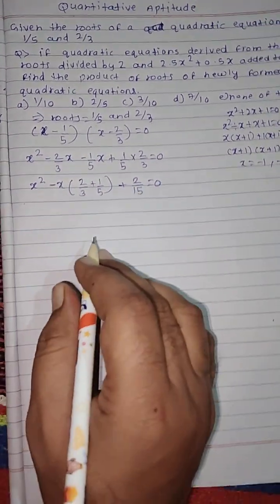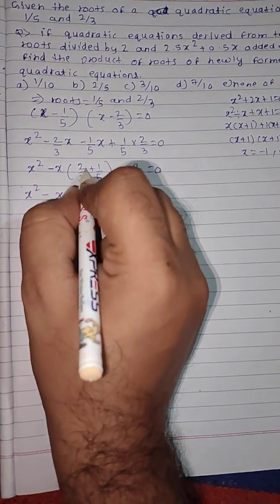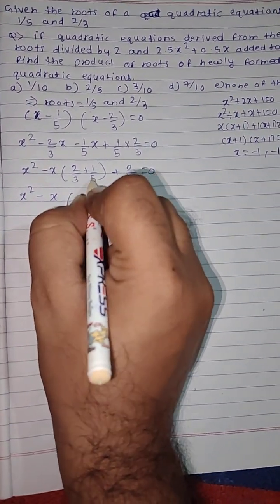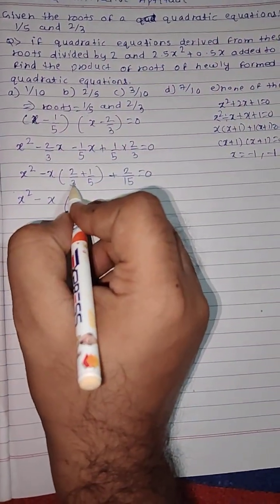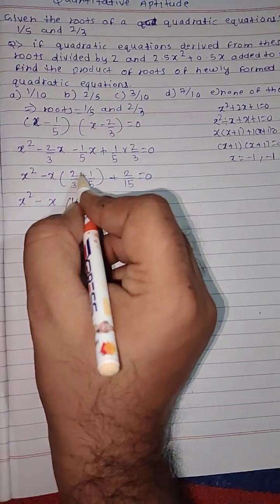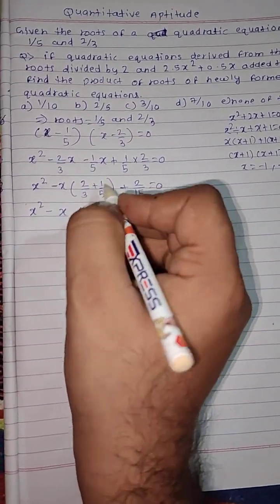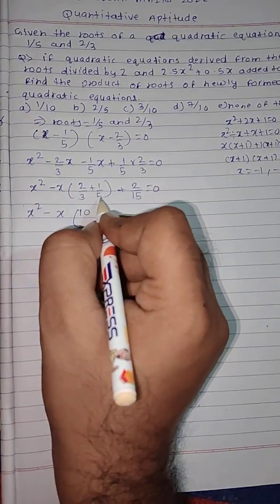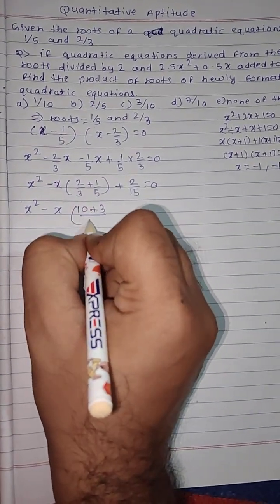To add the fractions we can cross multiply, or use the LCM method where the LCM is 15. I am doing cross multiplication: 5 into 2 is 10, 3 into 1 is 3, and 3 into 5 is 15.